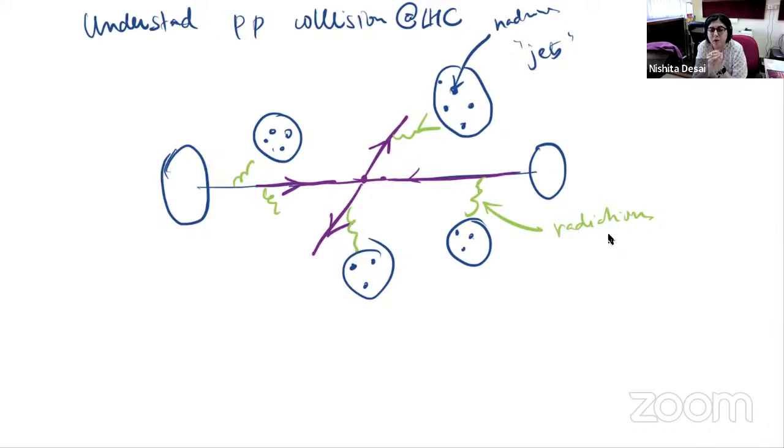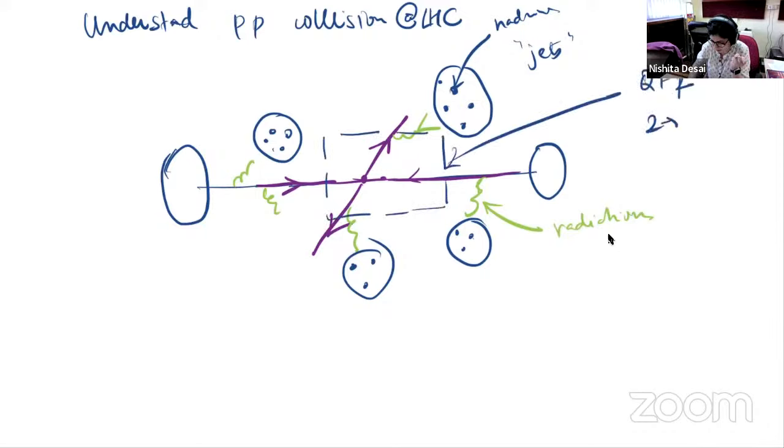So you want a way of going from this simple 2 going to 2 picture. So we know how to calculate this part here using quantum field theory. So it's a 2 going to 2 process. You can calculate the matrix element squared. But that by itself is not enough. So you need a way to simulate the radiation. You need a way to convert the quarks and gluons that you have after radiation into stable hadrons.